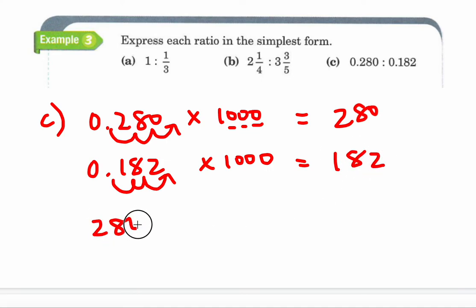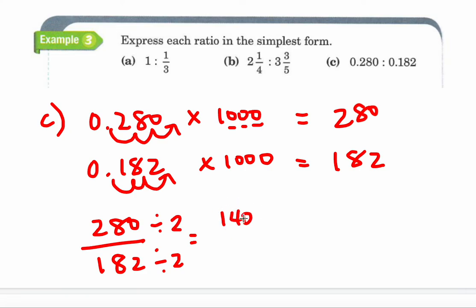And if I were to change that into a ratio in fraction form, I can probably reduce it further. Let's reduce by half first. So half of 280 is 140. Half of 182 is 91. And then can we reduce that more?